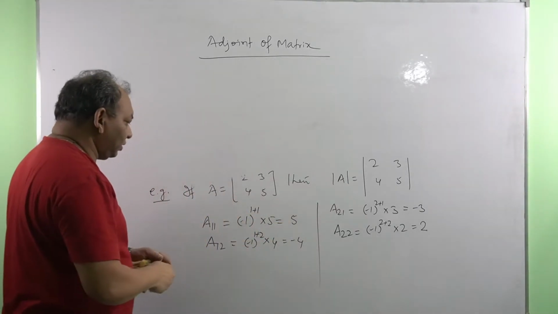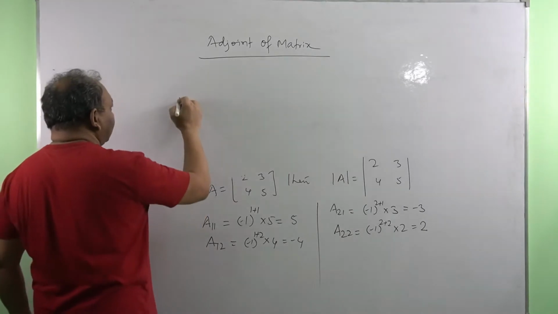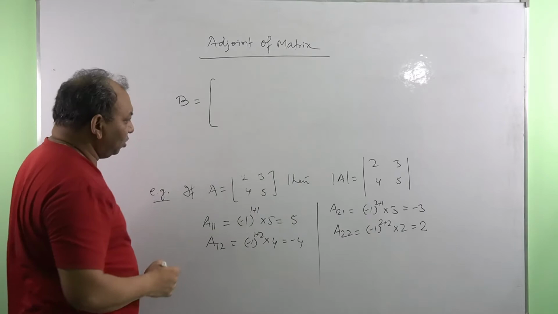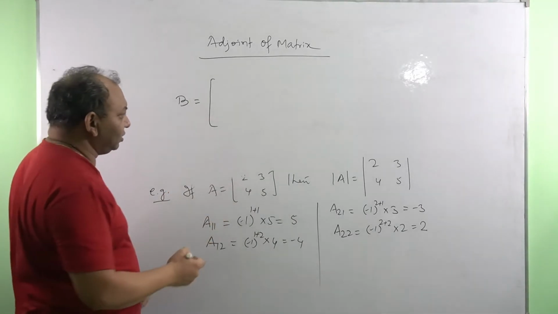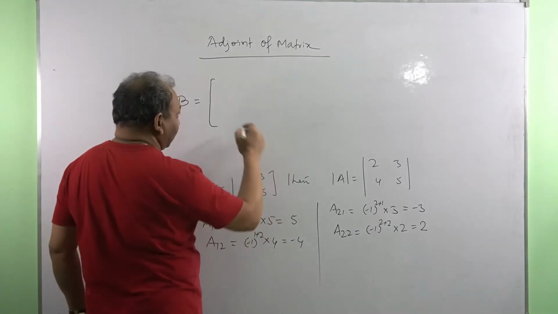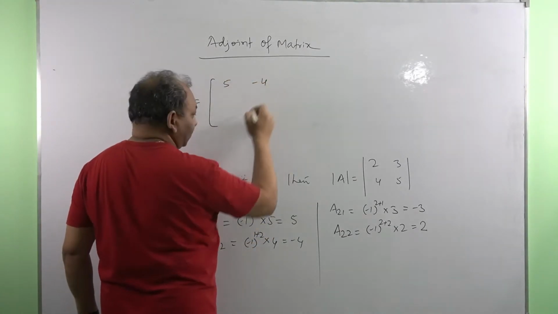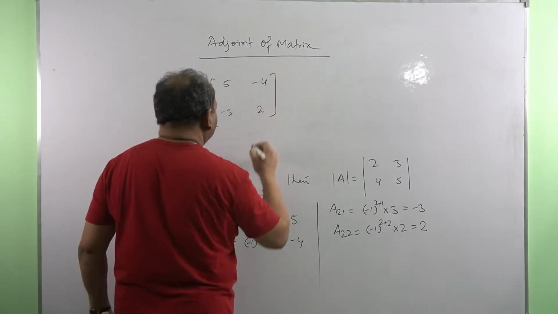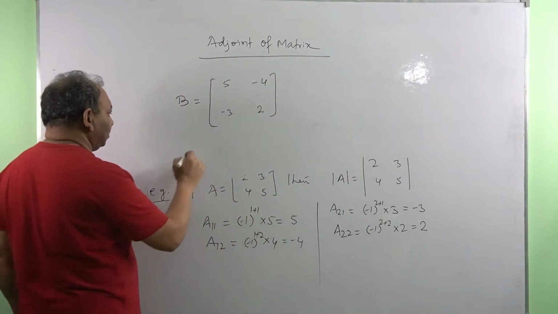Let us suppose that the matrix B, whose elements are cofactor elements of the matrix A. So matrix B is equal to 5, minus 4, minus 3 and 2. Now transpose of this matrix.